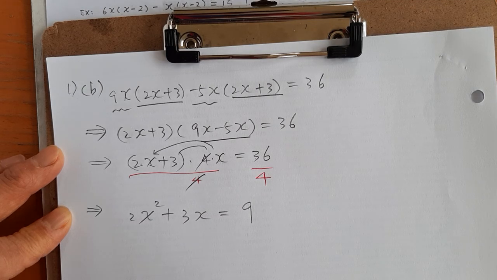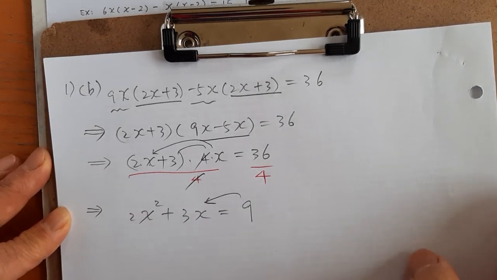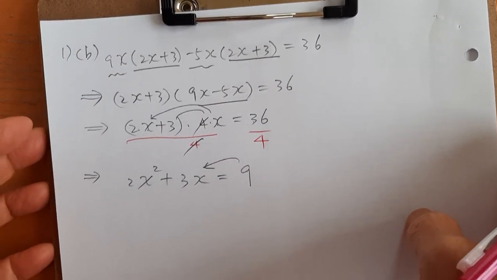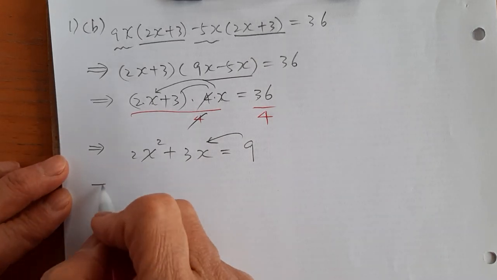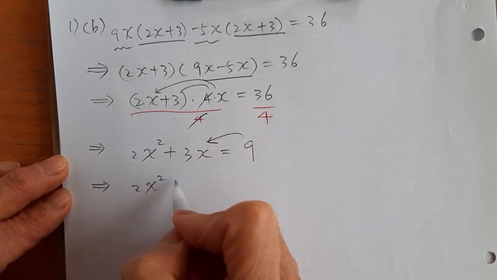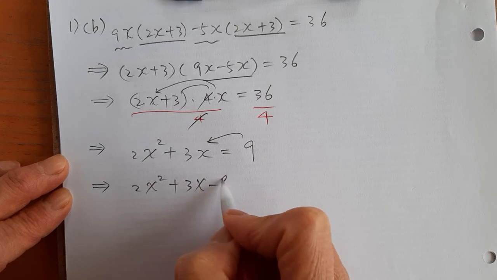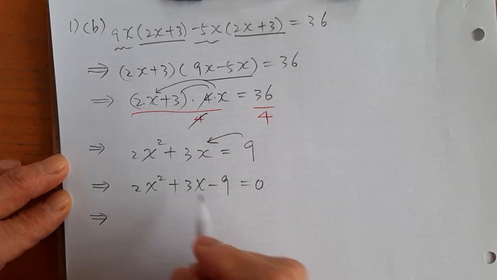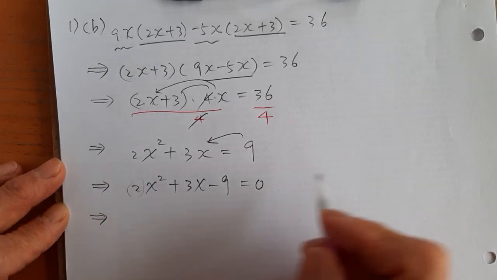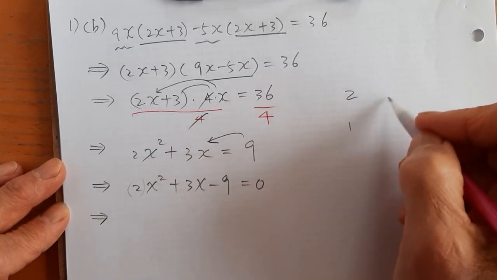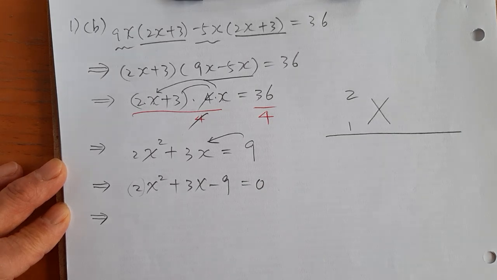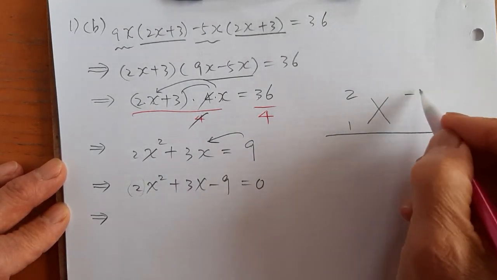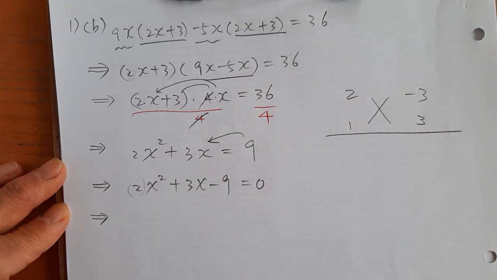It's a 9. Then minus 9 on the left and the right. Minus 9 both sides, so you get 2x squared plus 3x minus 9 equals 0. Then factor this one. Since the 2 we can factor as 2 times 1 or 1 times 2, you put that in the first column. And the negative 9, you can put a negative 3 times a positive 3.